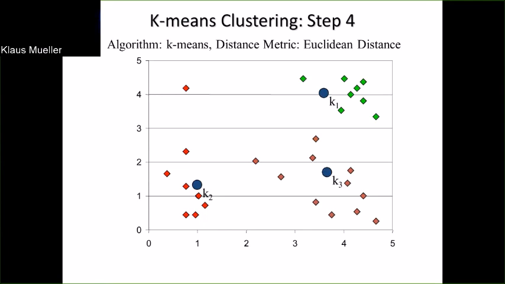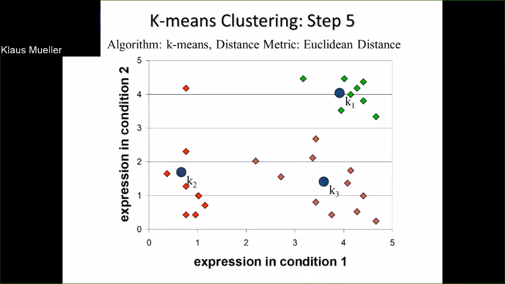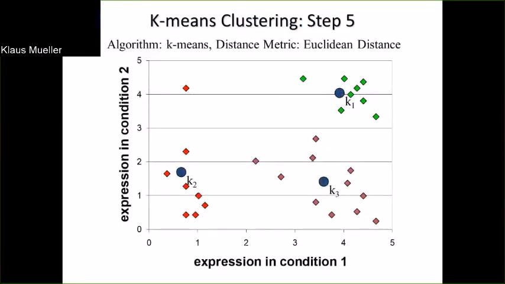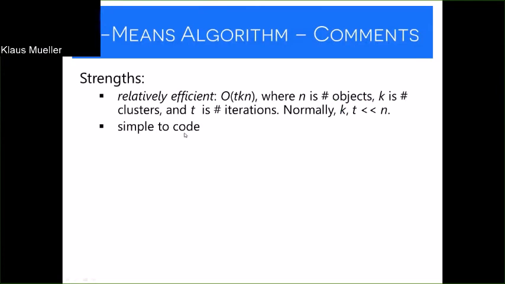I call that the optimal clustering for this particular k. And basically this is it, right? What's nice about this is that in 3 iterations I discovered this clustering, and it was relatively efficient. If there are k clusters and T iterations, then kT is much less than N.